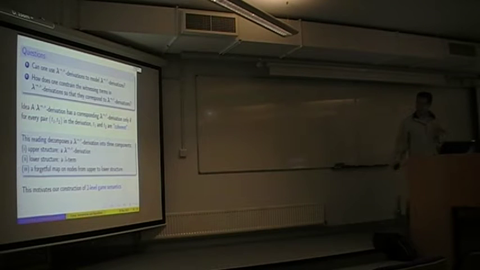To model an intersection derivation using a product derivation, we decompose the intersection derivation into three components. The upper structure is just an ordinary product derivation. The lower structure is a lambda term, and there is a forgetful map on nodes from the upper to the lower structure. This motivates our construction of the two-level game semantics.